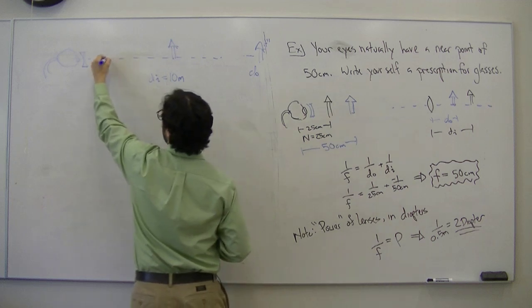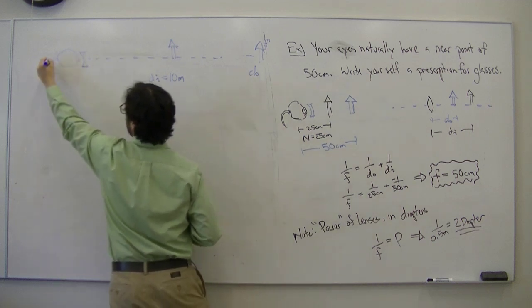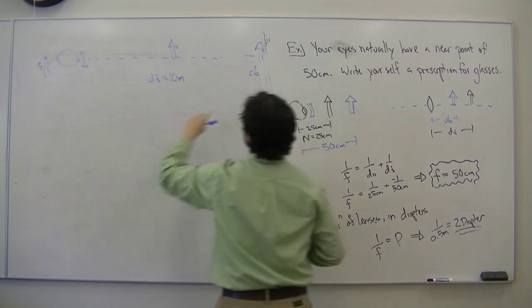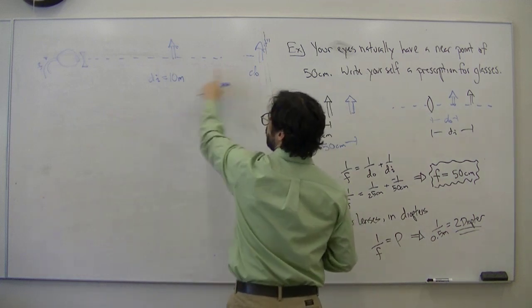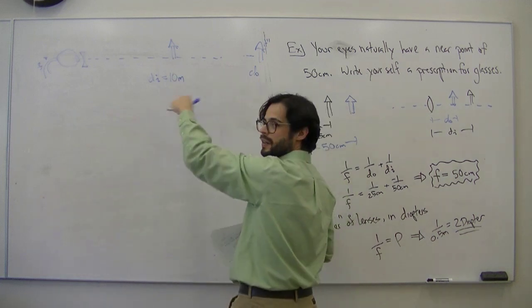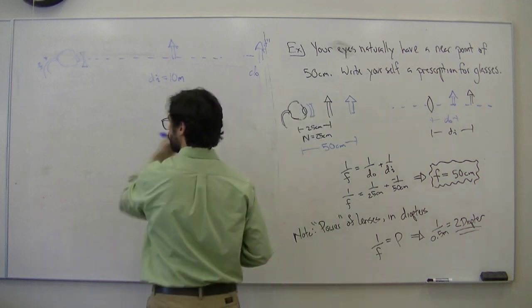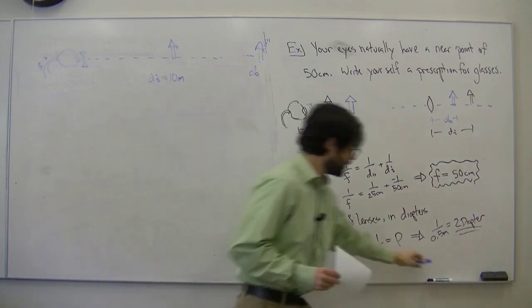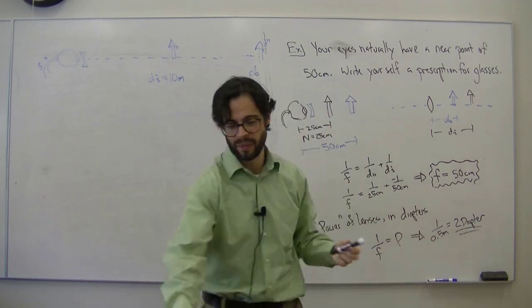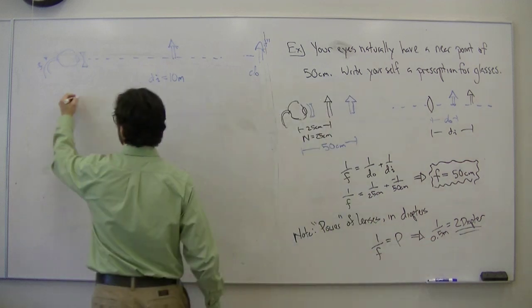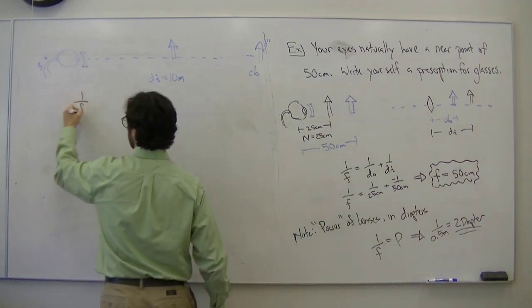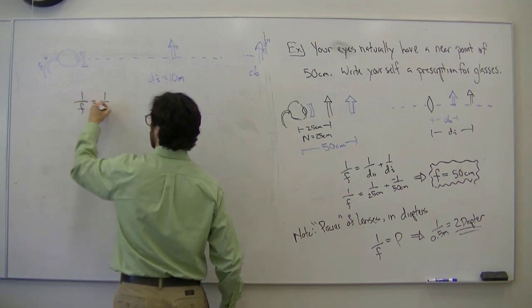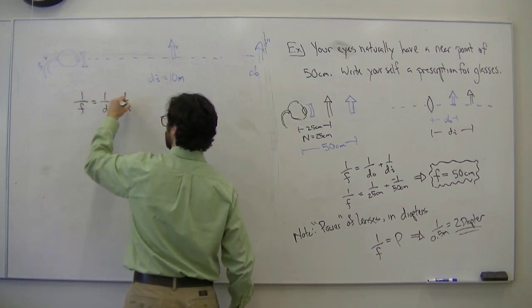We've got some focal length. I don't know where it is. This is a diverging lens, so the focus will be here. We want to take an object at infinity and place it there where our biology can basically just take over. And the nice thing that happens is we get a 1 over infinity. And again, just like cameras focusing on something really far away, the math gets pretty simple.